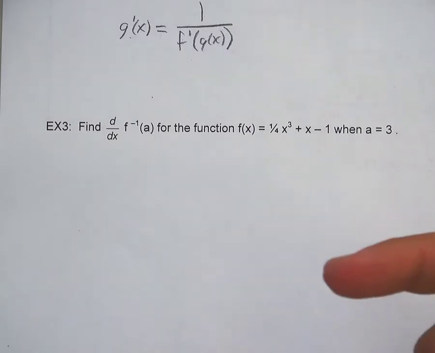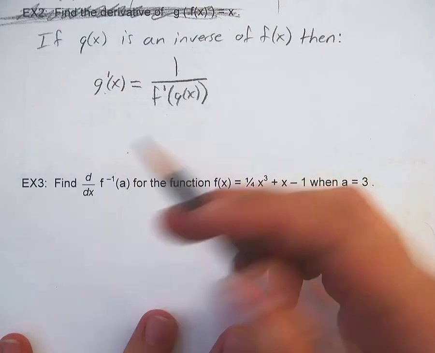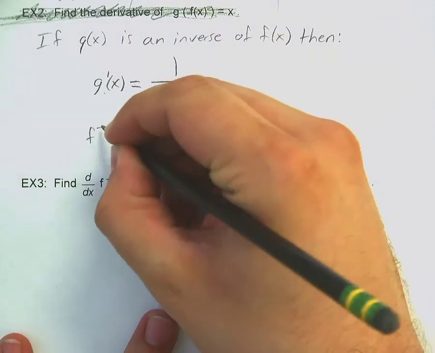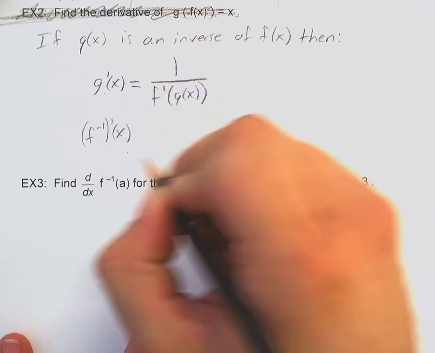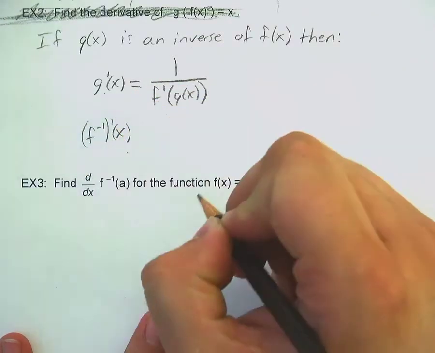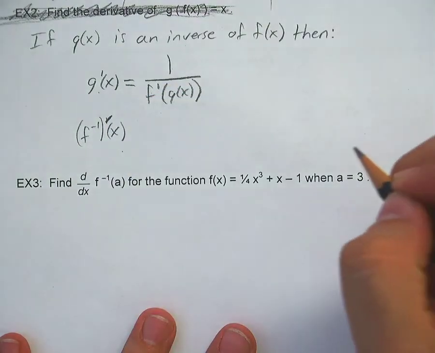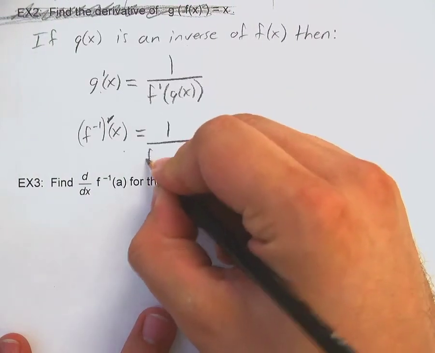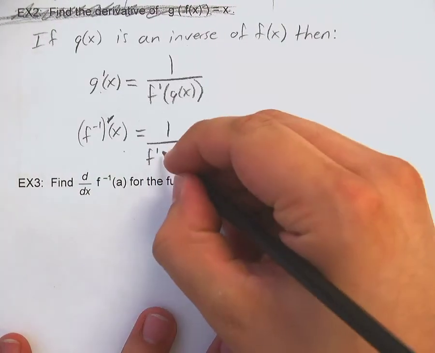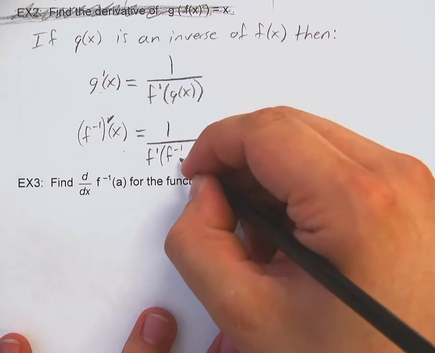Now there's 2 ways you can write this. If you're not using g of x, let's say you just use f to the negative 1 prime of x. Instead of g of x, let's just call it the inverse of f, and then this is prime right here. Then that's going to be 1 over f prime of f to the negative 1 of x.